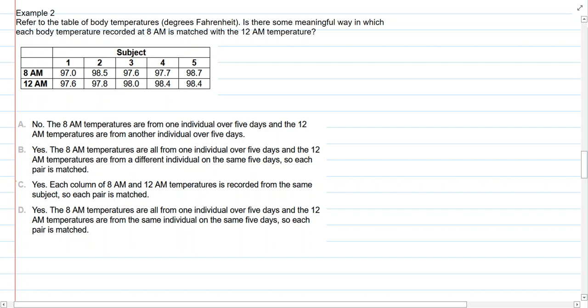Let's see. We have 97 at 8 o'clock and 97.6 at 12 noon. And on the second recipient, 98.5 in the morning, 97. Okay, that dropped. The other one increased, dropped. The next one increased. The next one increased. And the last one decreased. So 2 decreases and 3 increases.